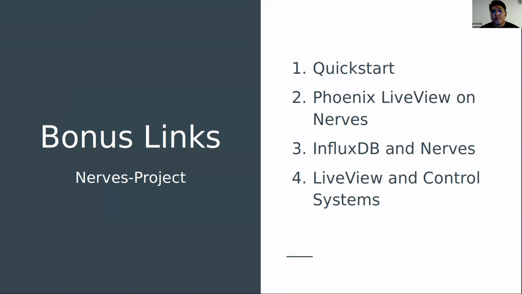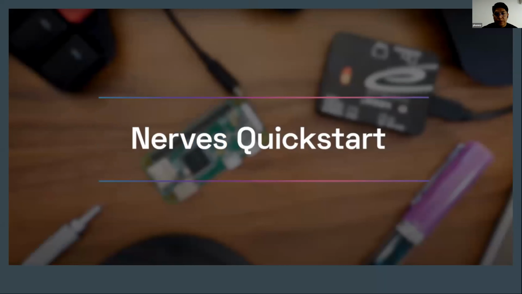So some bonus links. First of all, on YouTube, under your channel, you have Nerves Quick Start that explains step by step, in less than 5 minutes I think, how to download the Livebook image, burn it into an SD card, and just start using it.